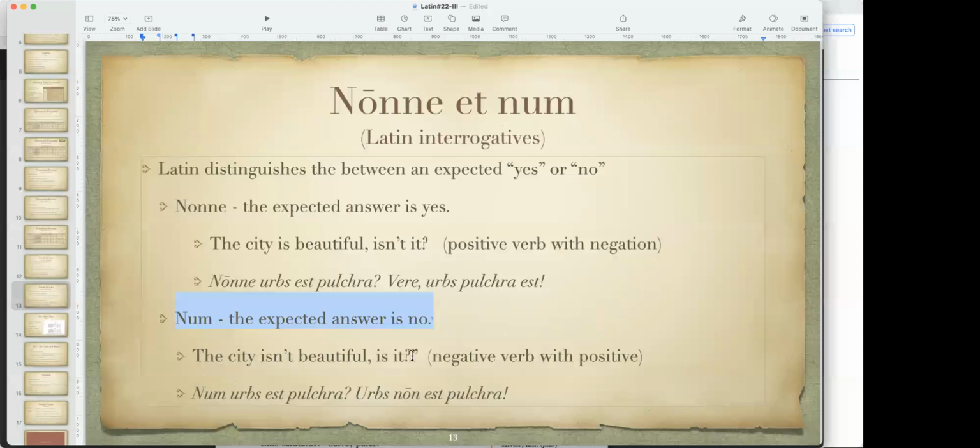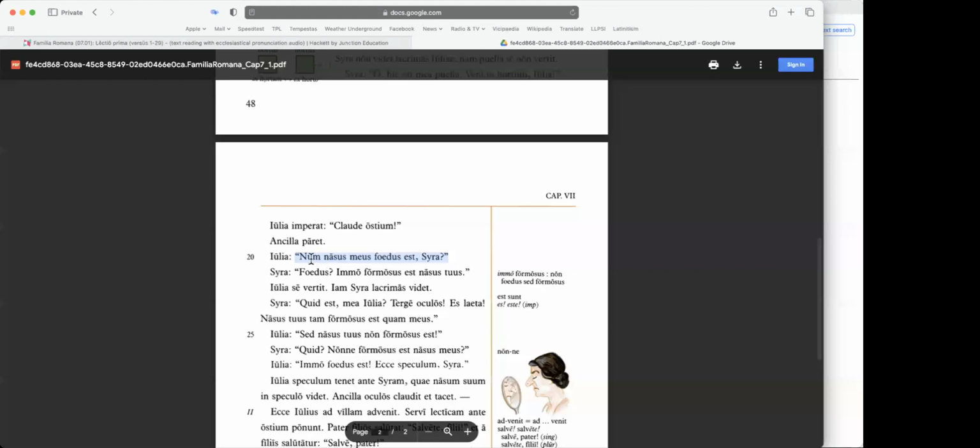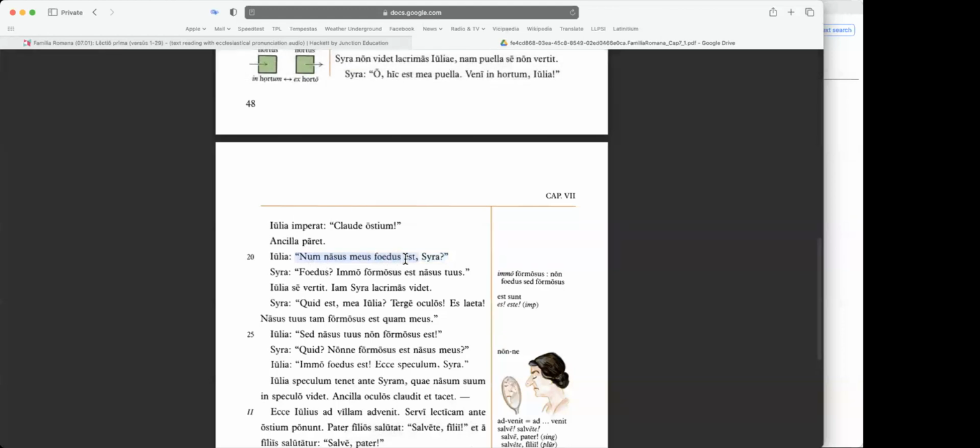The city isn't beautiful, is it? So really what she's asking here is num nasus meus fedus est. So she's expecting the answer nasus tuus non fedus est.